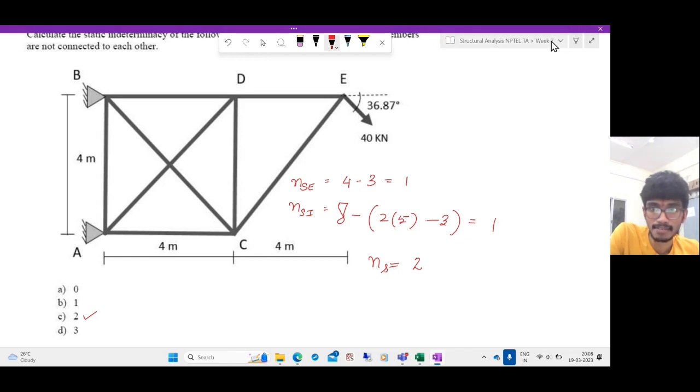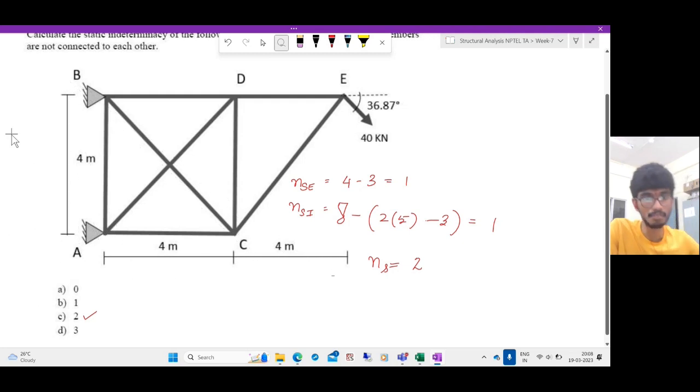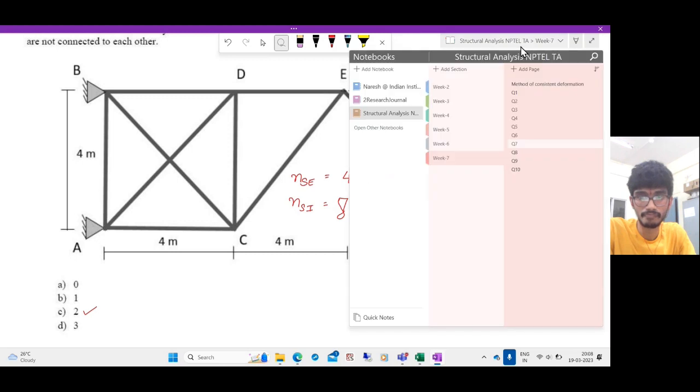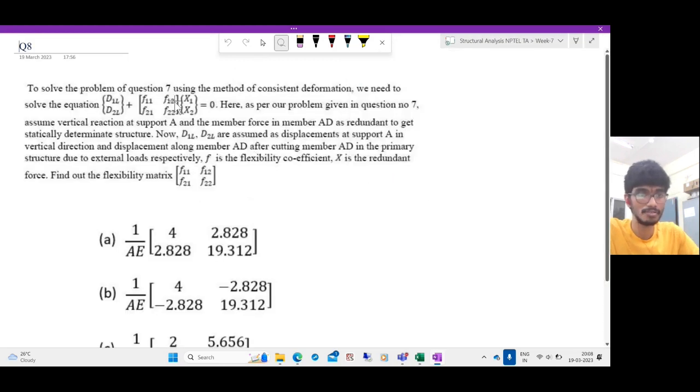Now the next step is for this given problem, we are asked to determine the flexibility matrix. So we'll see how to do it. To solve the problem of question 7 using the method of consistent deformations, we are asked to solve the equation d1L, d2L plus this matrix equation.